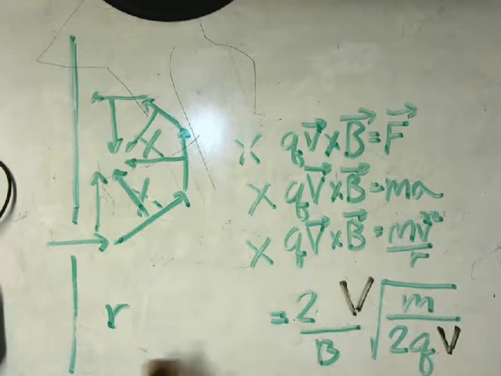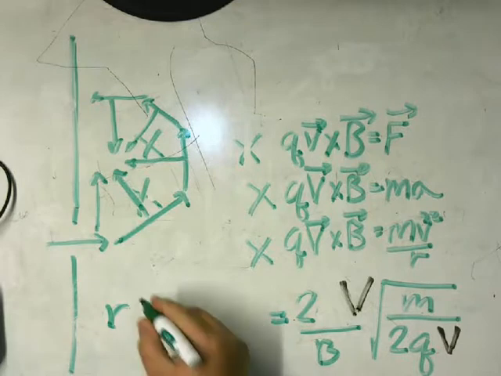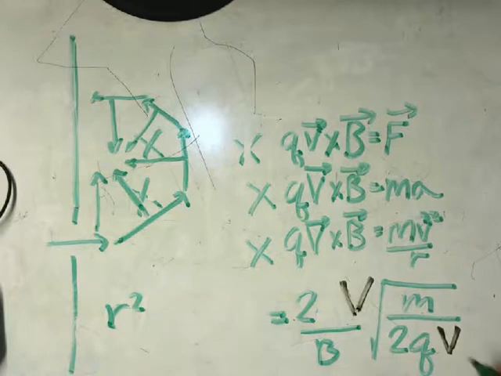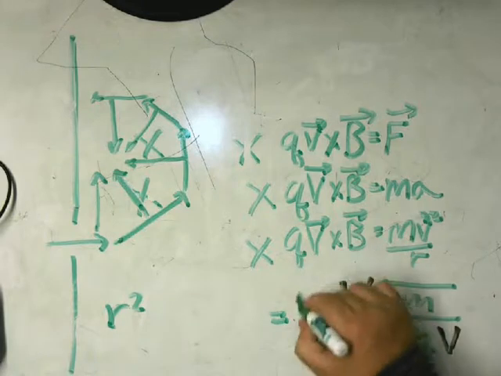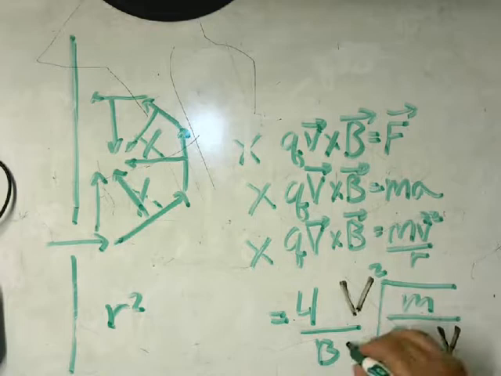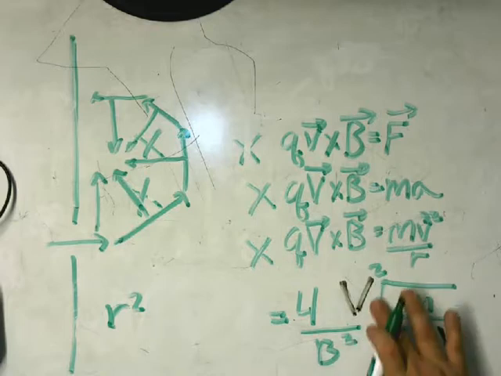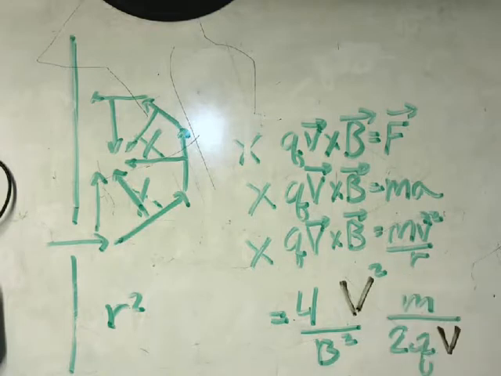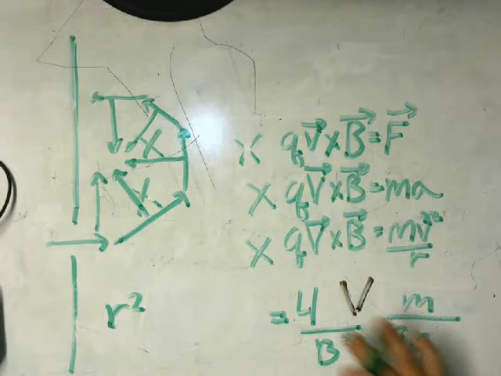Okay? But I don't like square roots. Not too many people really like square roots. So what I'm going to do is square my R, which ends up turning this into 2 squared, v squared, b squared, and this term drops like that. Cool? Well, one of these v's drops off, and I've got a 4 over a 2. This drops off, and this turns back into a 2.